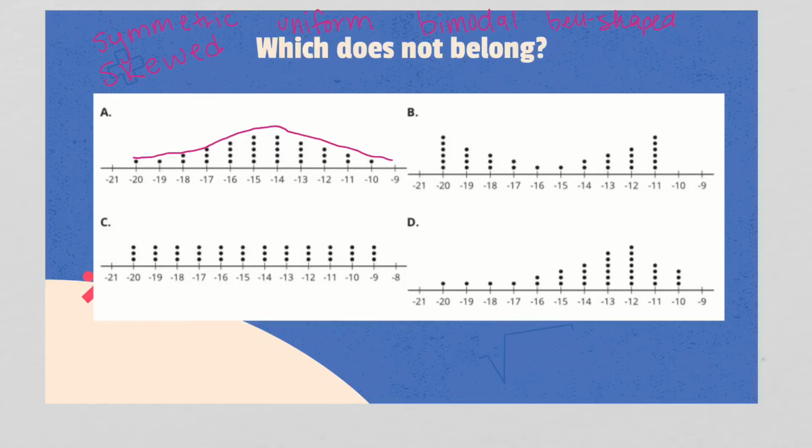So that is called bell-shaped. We can also say that this is symmetric because we can draw a line down right here. And it looks like if we were to put a mirror on one side, it would look the same. So this is also symmetric.